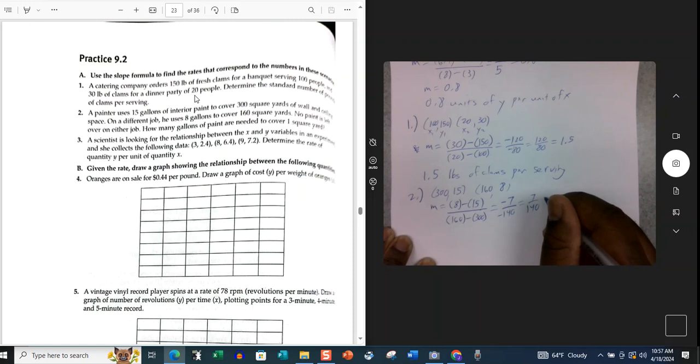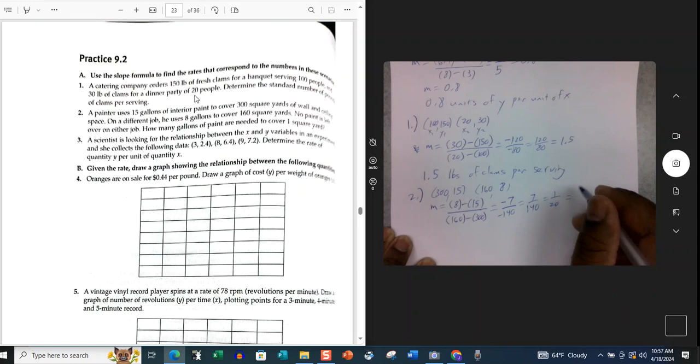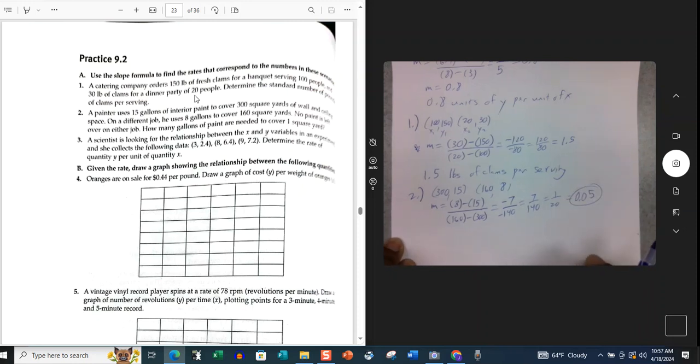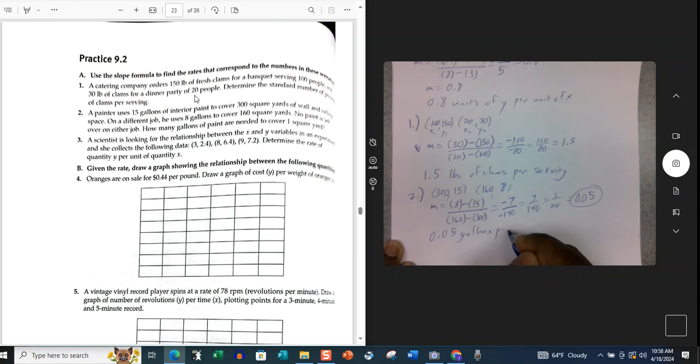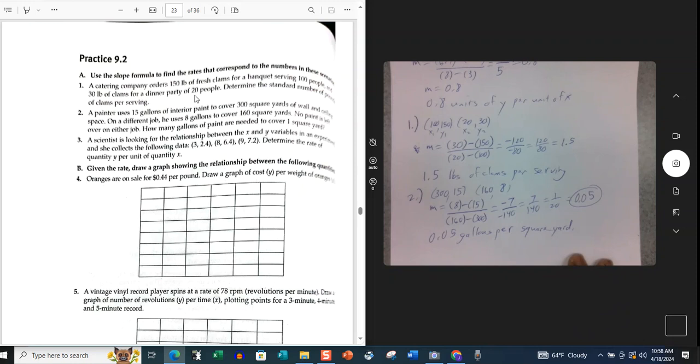When you simplify it, it'll be 1 over 20, which is basically 0.05. So then we would say that it is 0.05 gallons per, what's that, per square yard. All right, so that is our final answer. So now we move on.